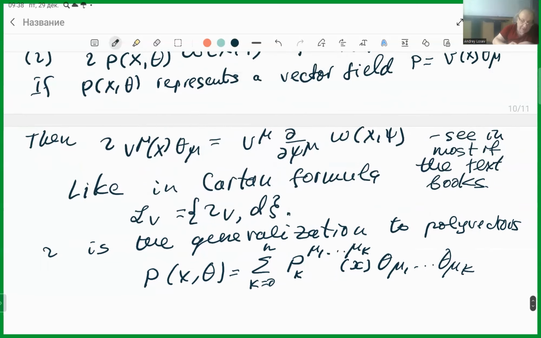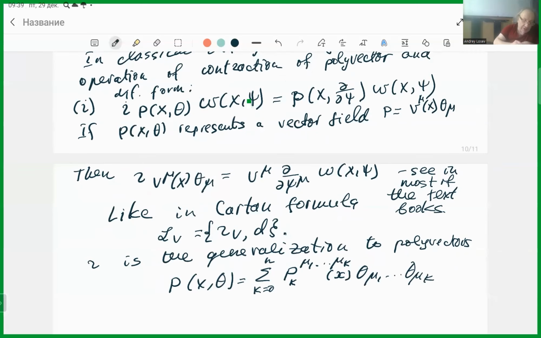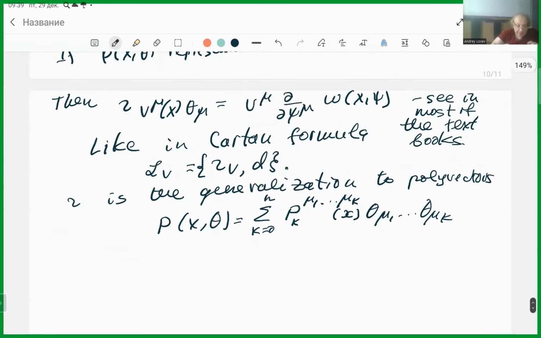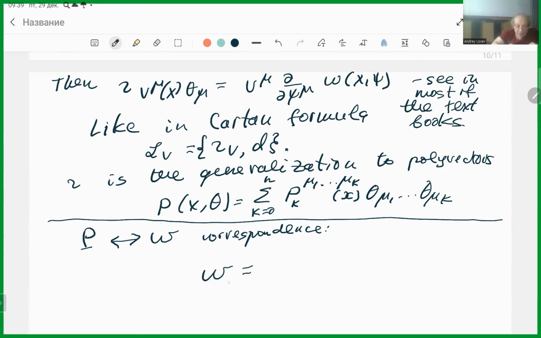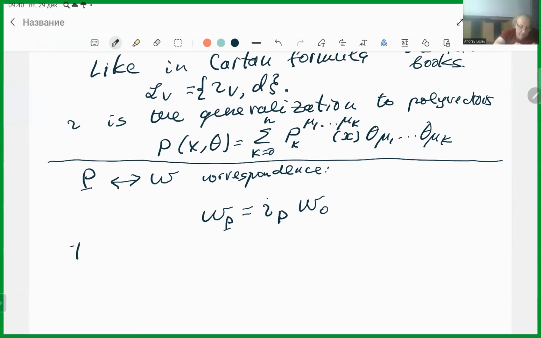Okay, so after I discussed polyvectors and the operation of internal contraction, I will write down a map between polyvectors and differential forms. It is the P omega correspondence. Omega corresponding to P is iota of P applied to omega naught. So this is an isomorphism.